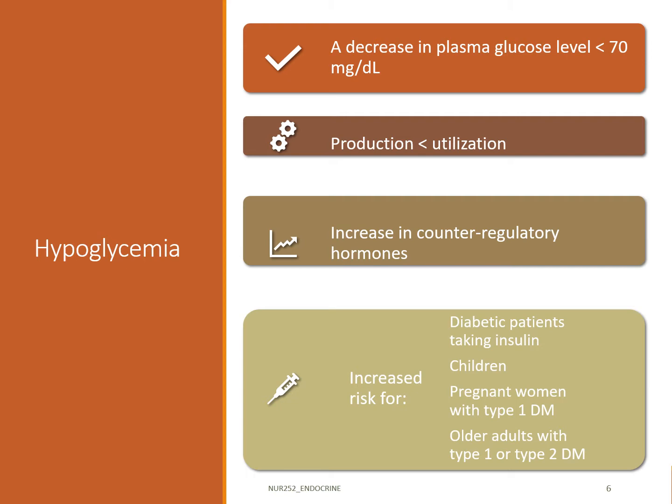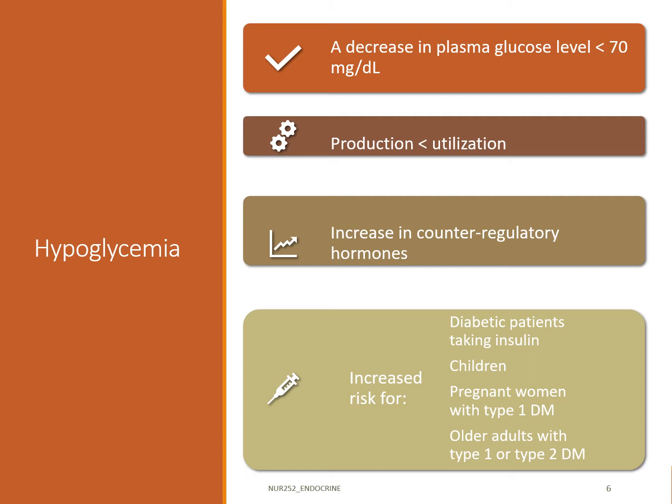Hypoglycemia is defined as a decrease in the plasma glucose level to less than 70 milligrams per deciliter. It is often referred to as insulin shock or insulin reaction. In this case, glucose production falls behind glucose consumption, resulting in a change in the level of consciousness.